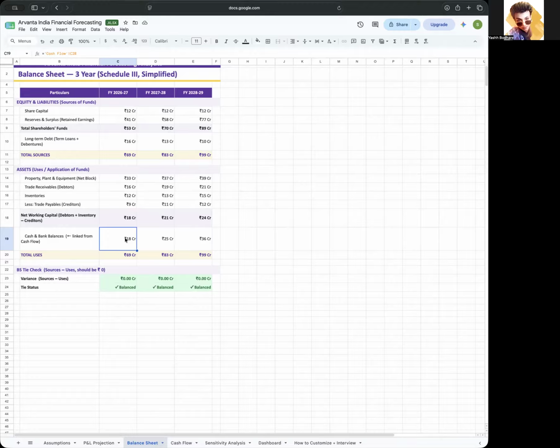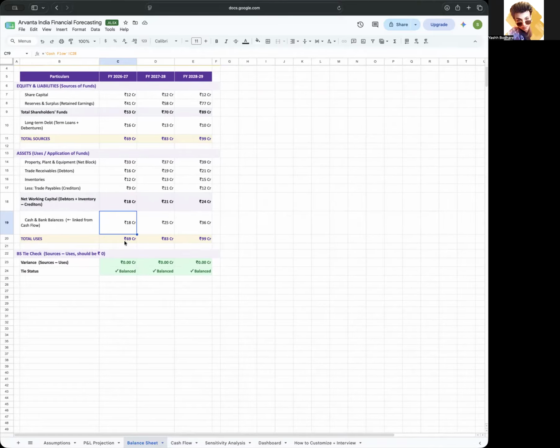So, total uses represents the total value of all company assets. It includes fixed assets, working capital, and cash. So every rupee raised by the business must ultimately appear somewhere within these assets.